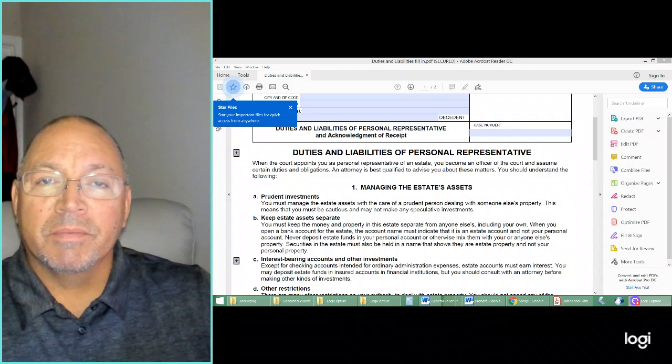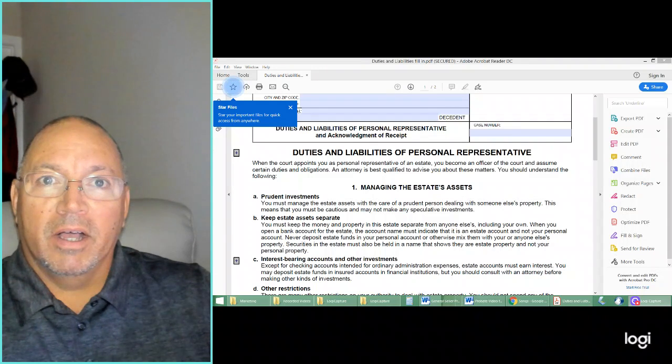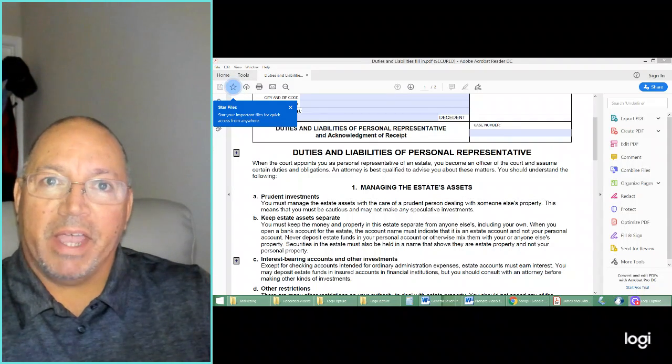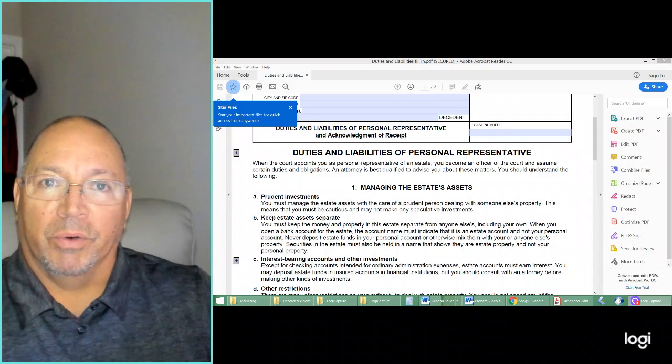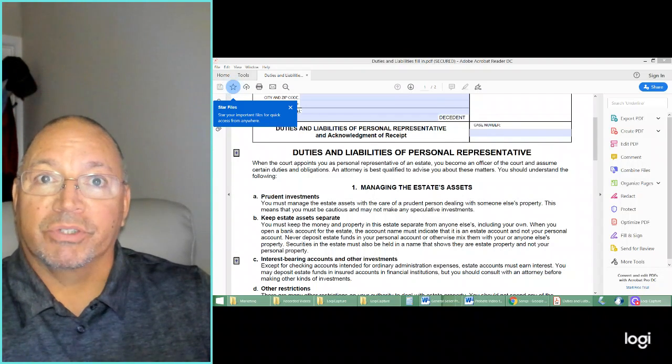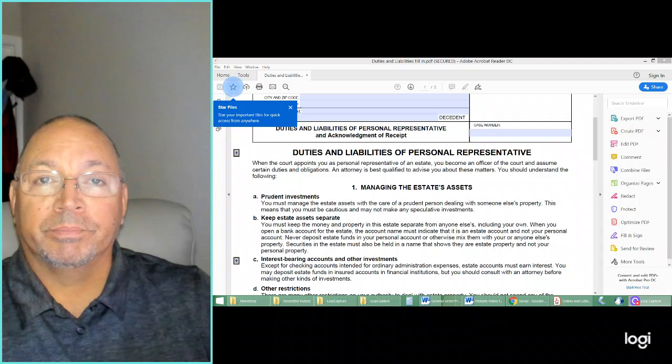And what that is, when someone passes away, if they own their home and they occupy their home, they have homeowners insurance, property and casualty insurance on the home.